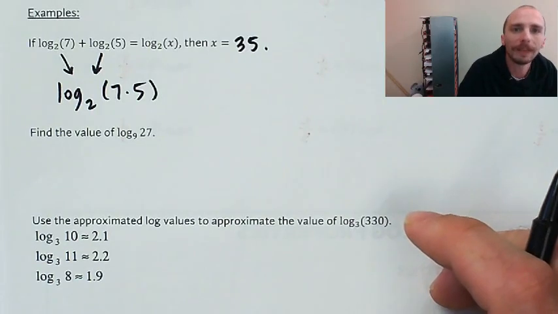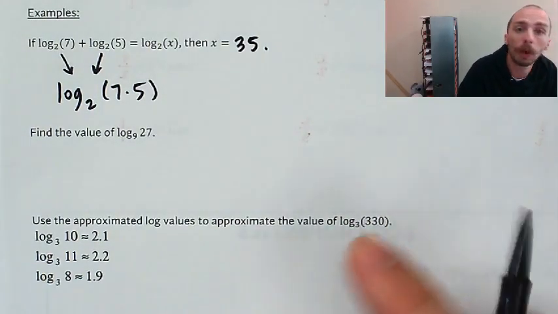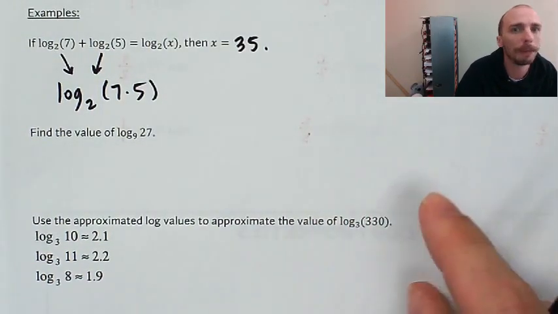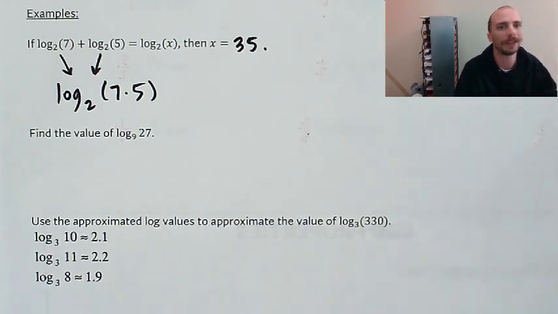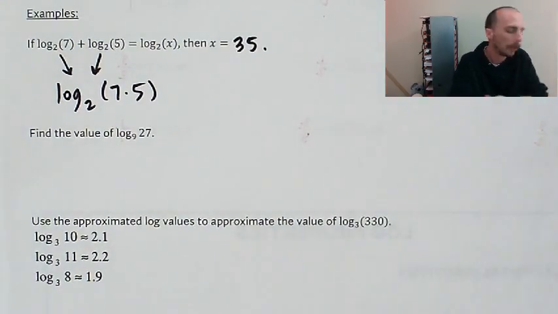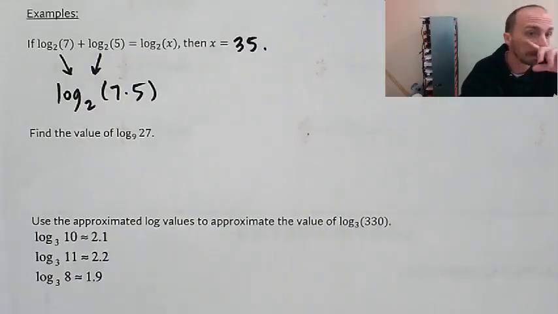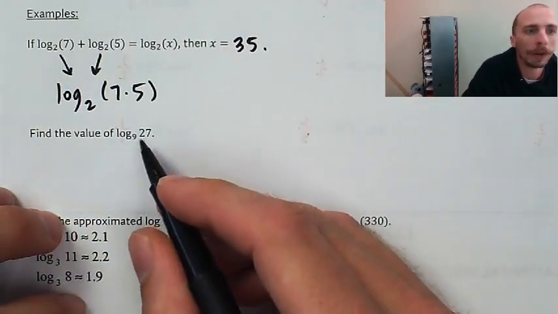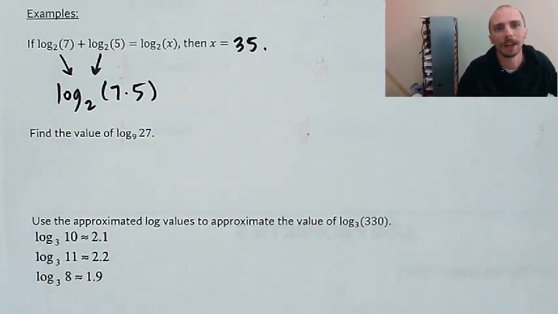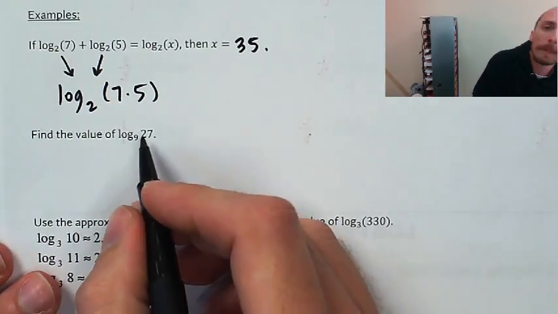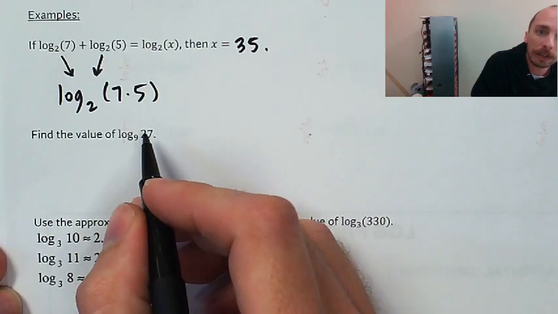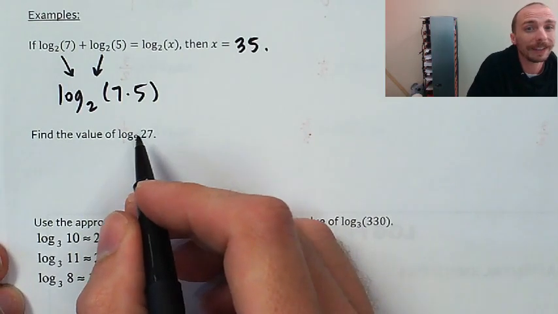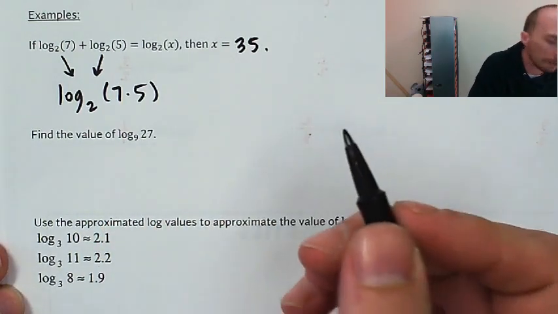Find the value of log with base 9 of 27. That was one that was on the front page, and maybe you didn't get it right. I was saying if you don't get that one, don't worry about it. I just want you to be able to do the basics. What we do here, before I'd have said 9 to the what equals 27, and then solved an exponential equation, but maybe I can rewrite 27 as a product of 2 things that I know the log with base 9 of.